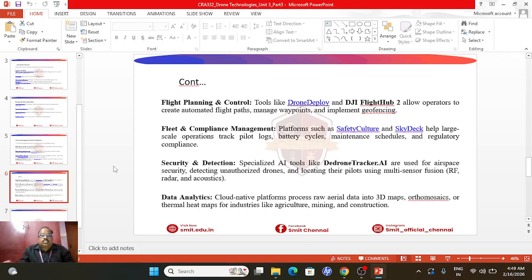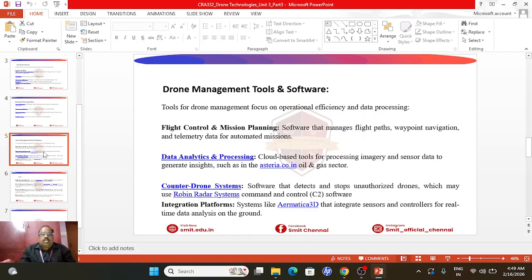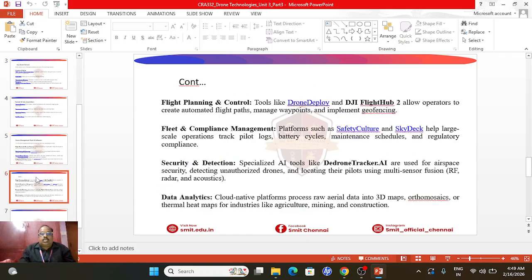These are all the flight planning, fleet compliance and management, and security detection tools for drone management and software.